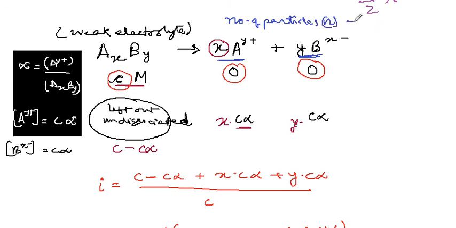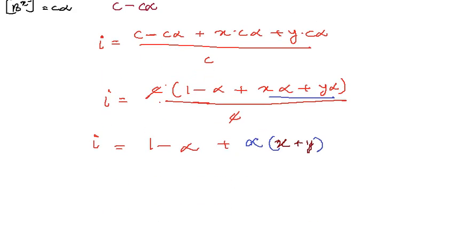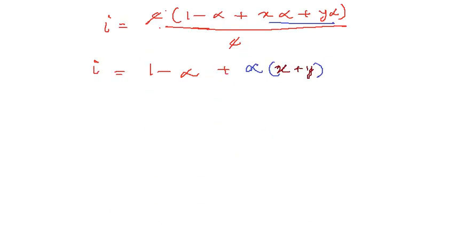The number of particles would be equal to x plus y. So in place of x plus y, we can write n. So this would be i equals 1 minus alpha plus n alpha.